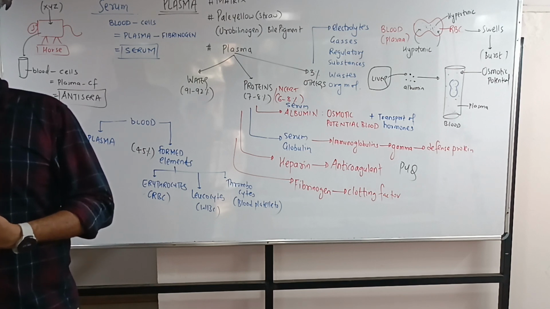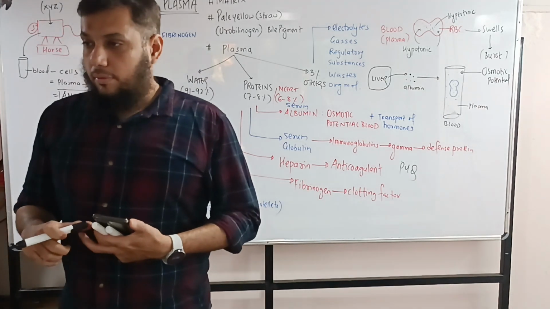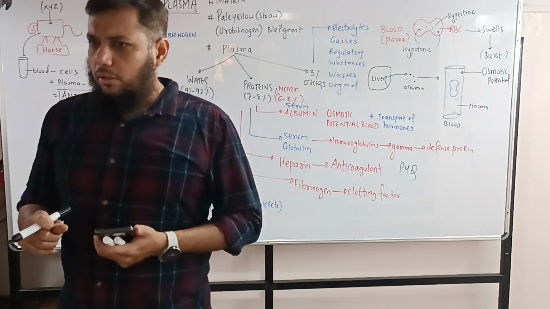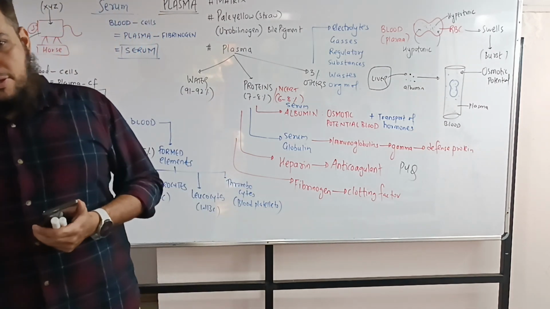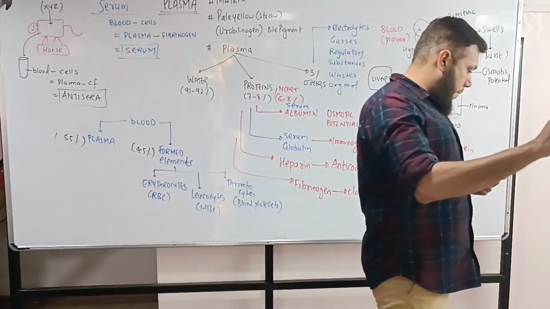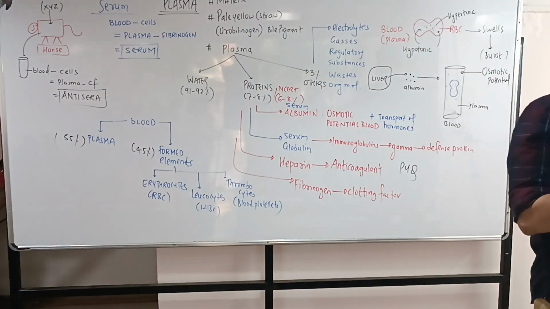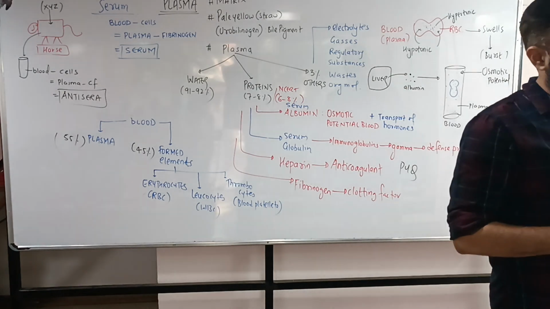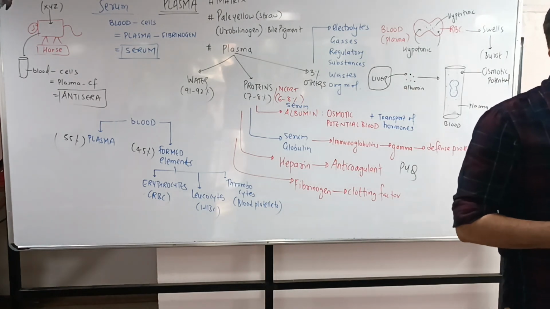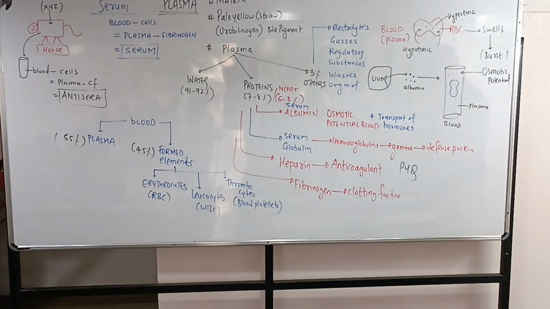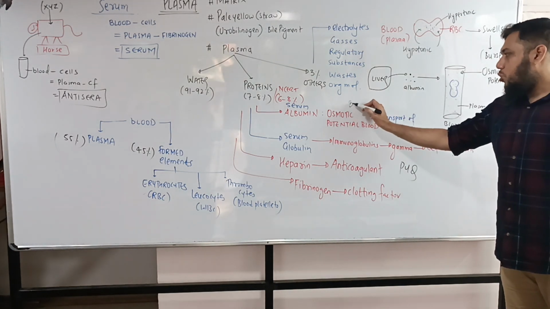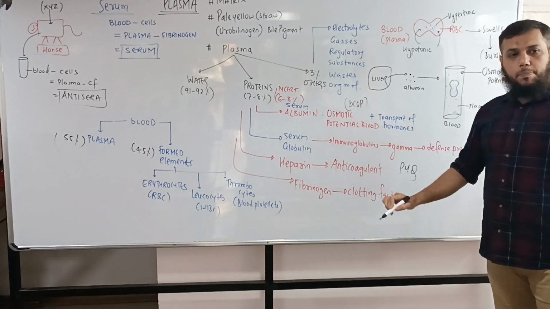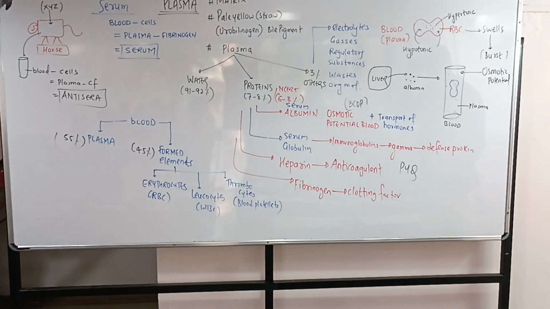Osmotic potential is maintained by which plasma protein? Albumin. Right. So albumin is responsible for what? Maintaining the BCOP, blood colloidal osmotic pressure. I will explain in detail in excretion. A little transport in plants will also come, it will be good for us. Okay?